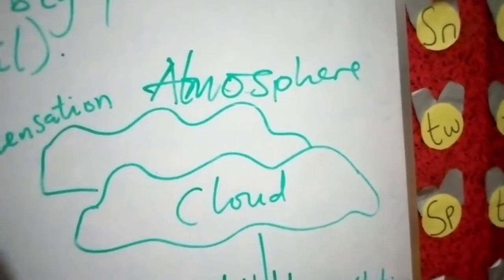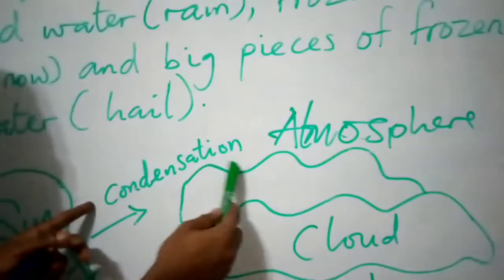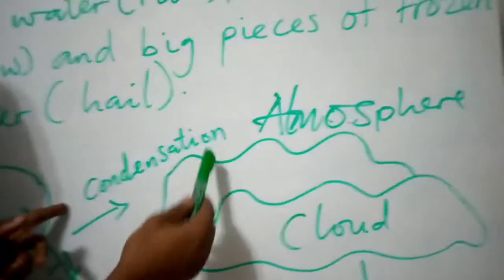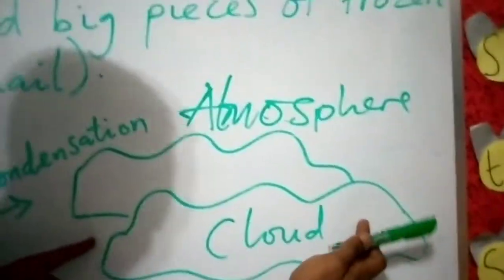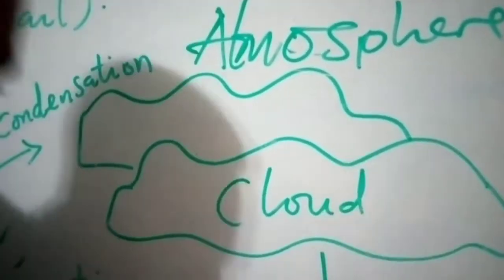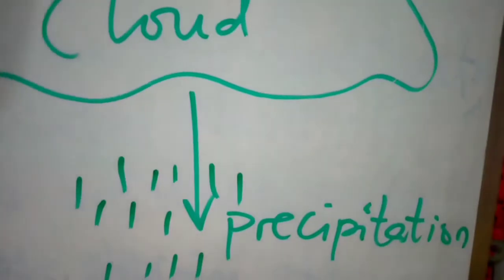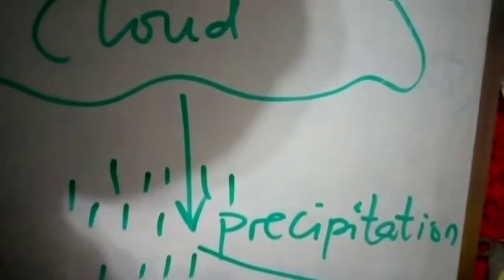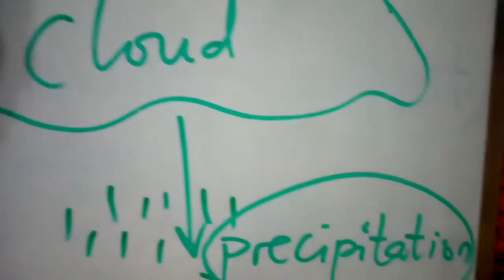This cloud now changes to liquid, which is condensation. This is the transformation of gas to liquid. So this process now creates the cloud. The cloud, when it's heavy, draws back to the earth as precipitation. So when water comes back to the earth, it is called precipitation.